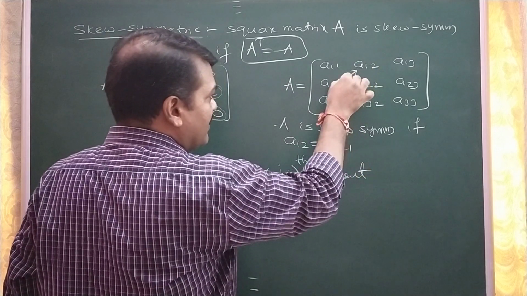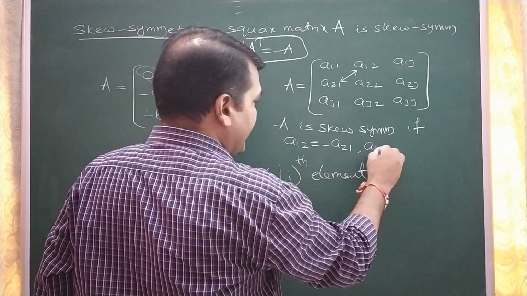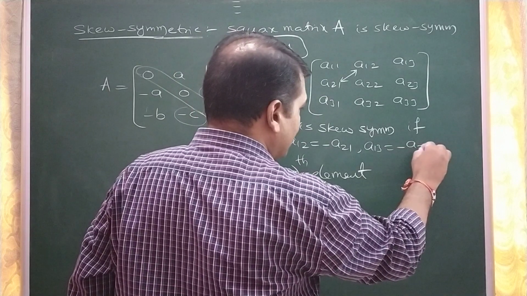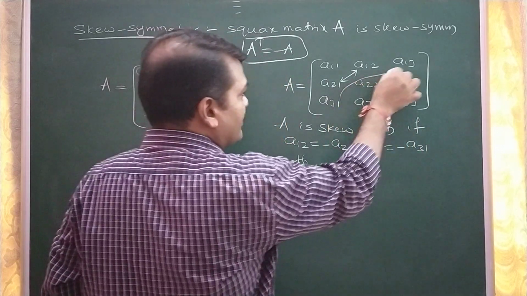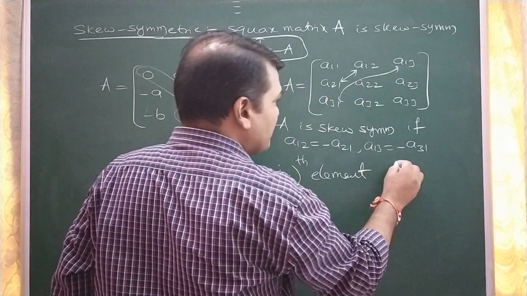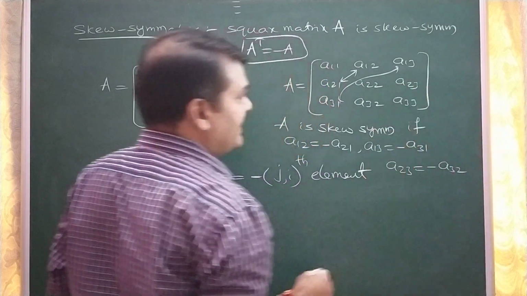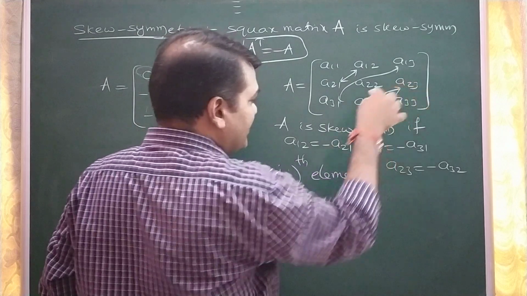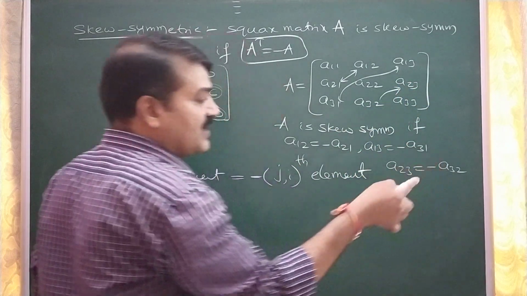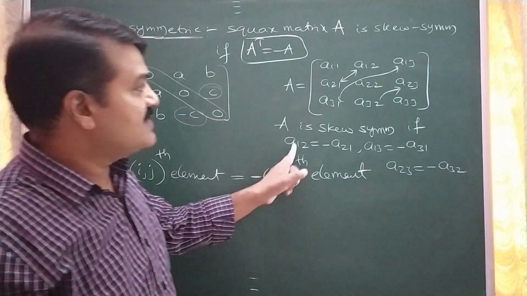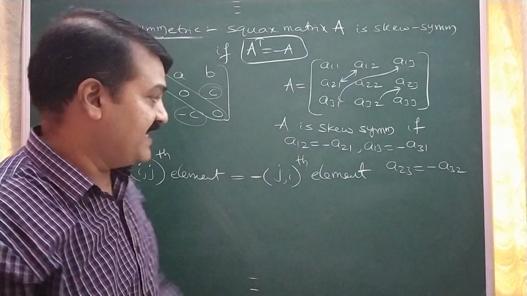These two must be of opposite signs. A13 must be equal to minus A31. These two must be of opposite signs. And A23 must be equal to minus A32. So in symmetric, these must be the same. In skew symmetric, these elements must be of opposite signs.